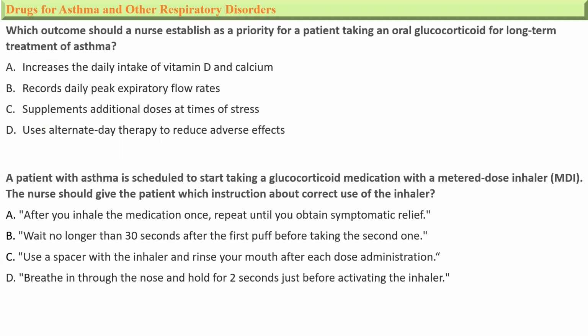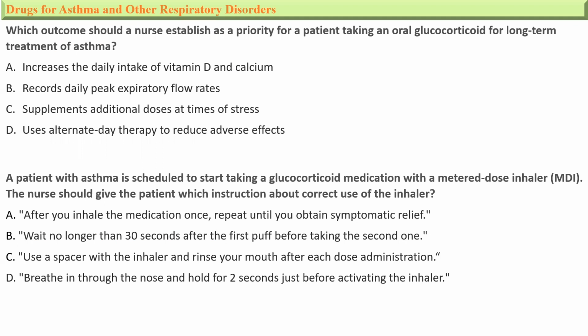First question: which outcome should the nurse establish as a priority for a patient taking an oral corticosteroid for long-term treatment of asthma? The answer for this one would be C. Adrenal suppression can be profound with oral corticosteroid use.